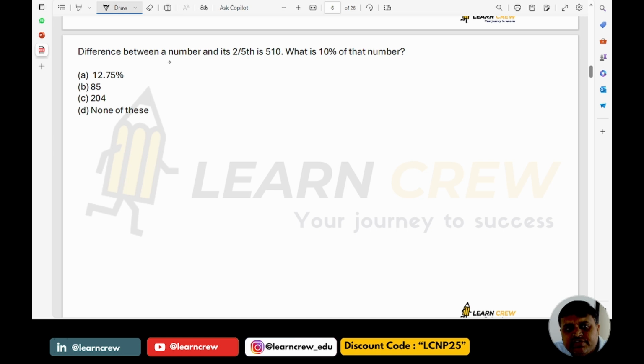So the difference between a number means the full value. Full value means 100%, right? And 2/5, you already know, is 40%. The difference between 100% and 40% is given as 510. So that difference is 60%. If that 60% is 510, then 10% is how much?